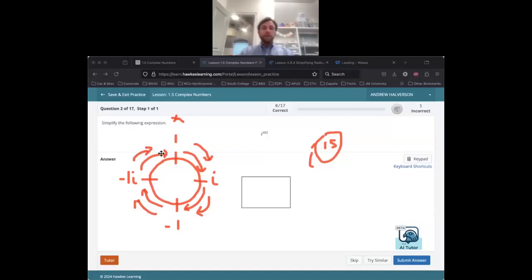How many steps have I taken? 2 times around. 8. Let me go 4 more. If I go 4 more, how many steps have I taken? 12. Okay, so I'm on my 12th step. I'm going to mark myself. I need to go 15, so I want 3 more steps.